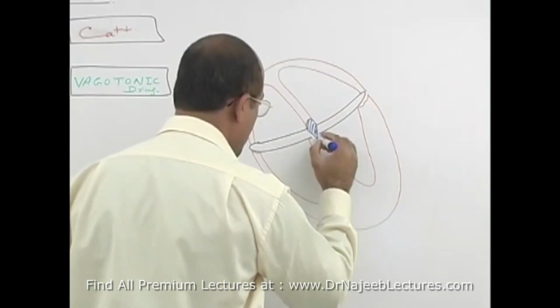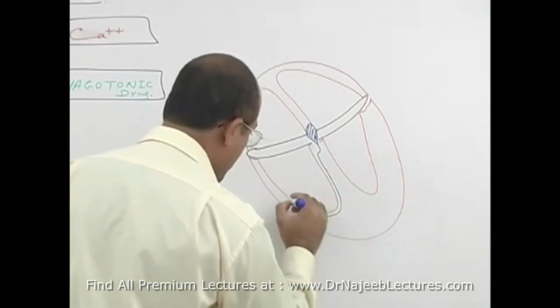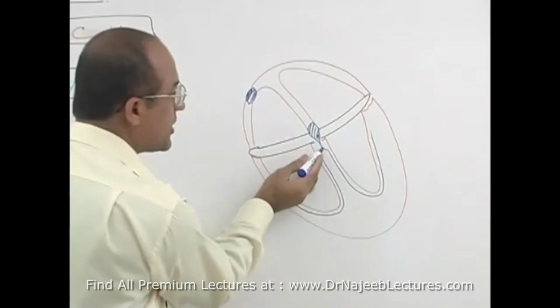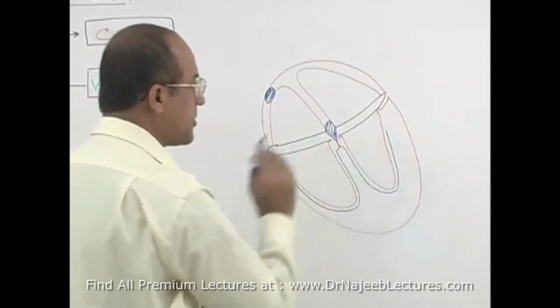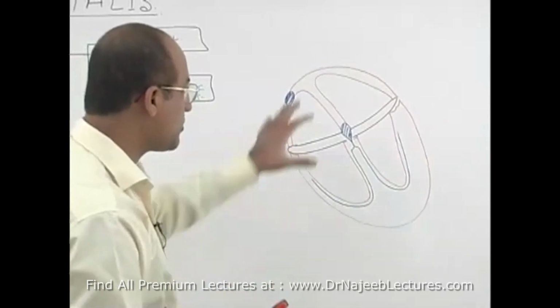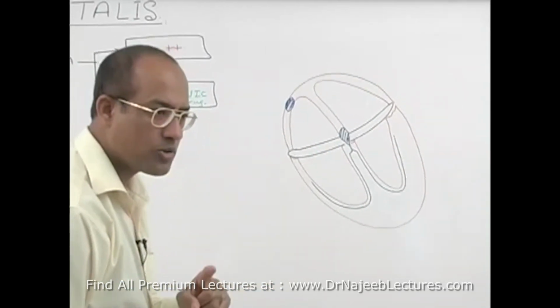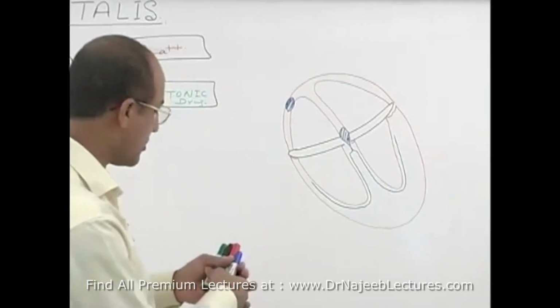This is the AV node, and these are your conduction pathways. This is the bundle of His, the right bundle branch and the left bundle branch. Now this is your heart. We have to see what the actions of digitalis are on your heart.